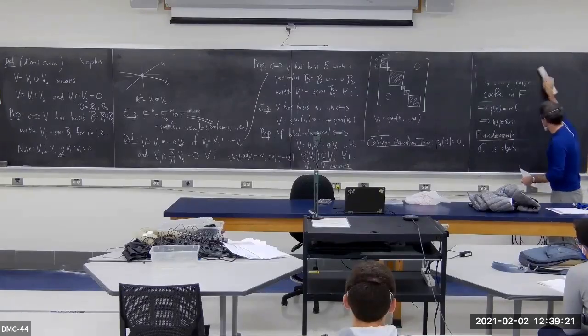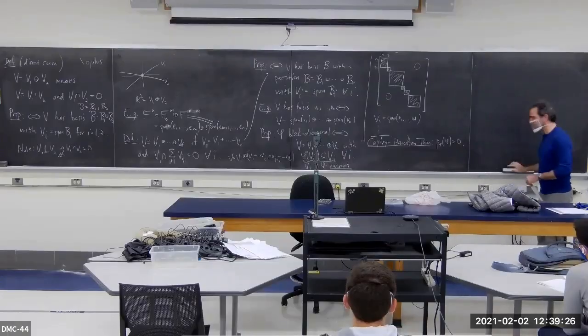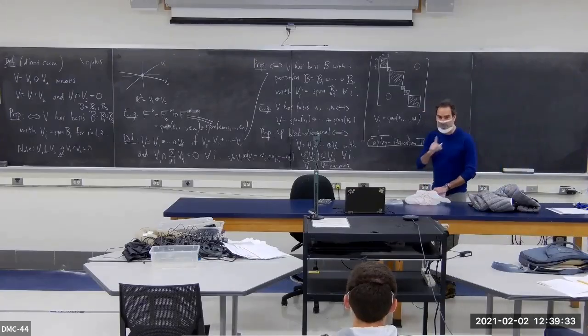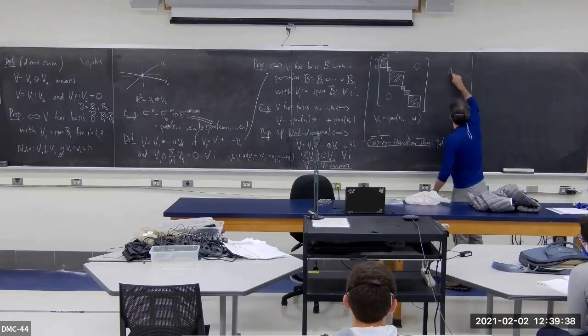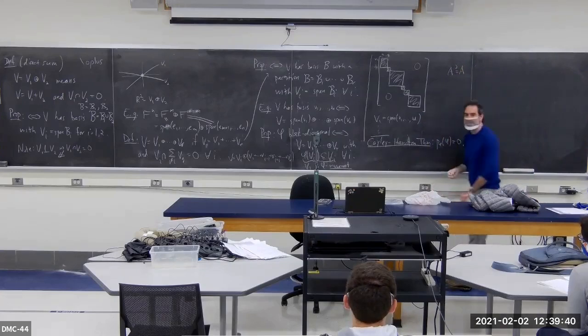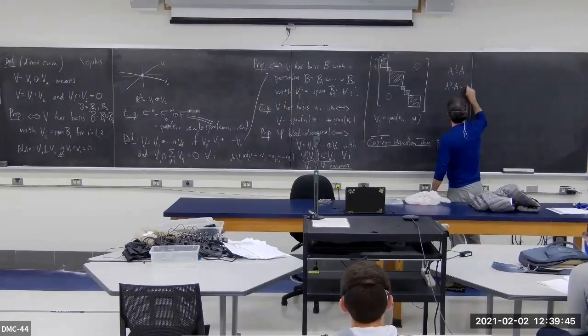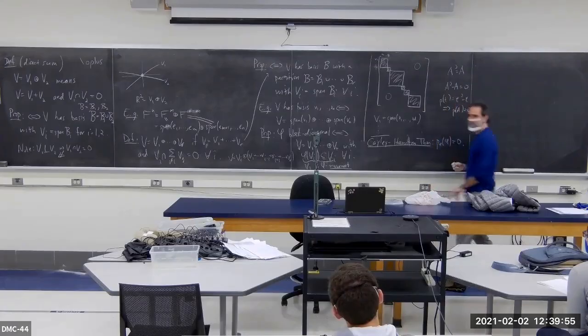But think about what it means to plug a linear transformation into a polynomial. You did some exercises like this in 221, for instance, in problem 12 that Selene was asking about earlier. The point was that you had things like A squared equals A. A squared equals A means that A squared minus A equals 0, or that if p of t is t squared minus t, then p of A is 0.